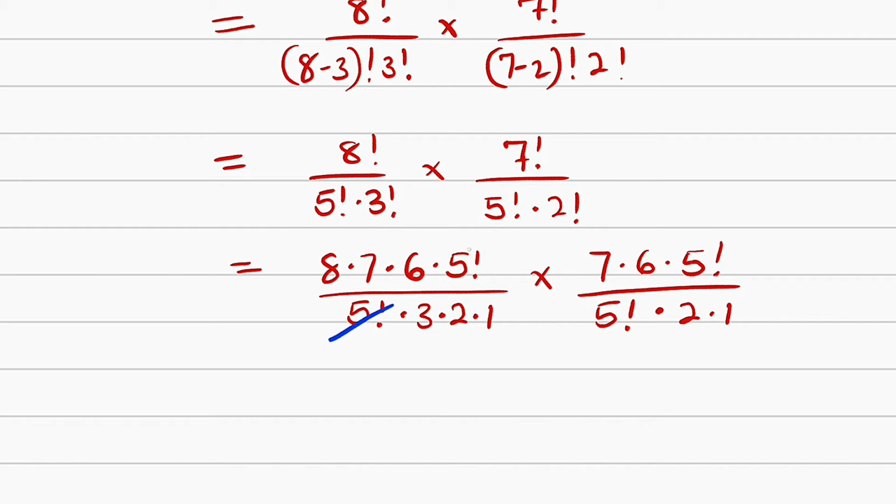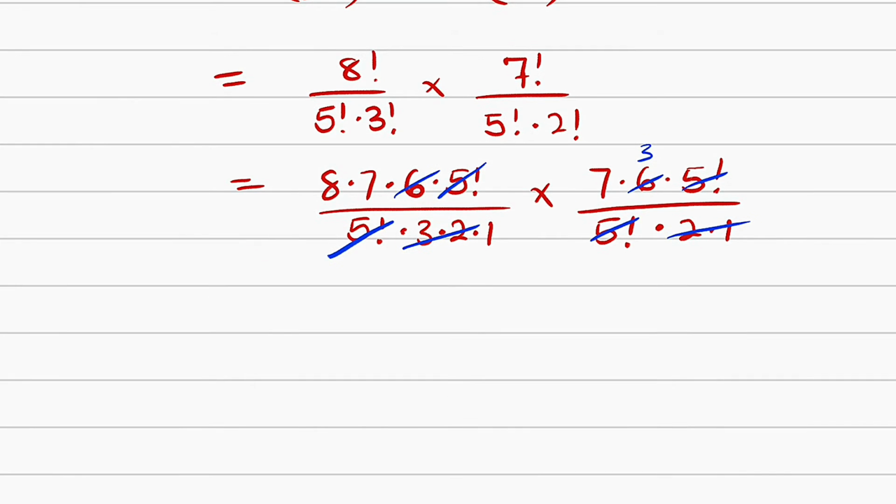From here, 5 factorial will cancel 5 factorial, and 3 times 2 is 6, so it takes care of this. And to the right hand side, we have this cancel this. 2 times 1 is the same thing as 2. So 2 can go into 6 3 times. So all we have left is 8 times 7, then multiply by 7 times 3.